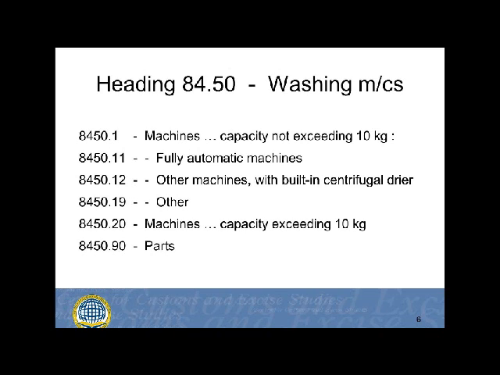Note that although subheading 845011 covers fully automatic machines, that classification is a subheading, or if you prefer, subdivision of subheading 8451, which relates to machines having a capacity not greater than 10 kg. Therefore, the six-figure subheading 845011 is not applicable.